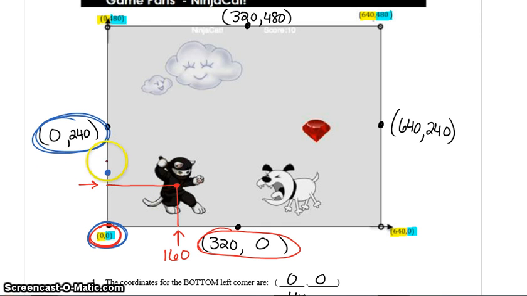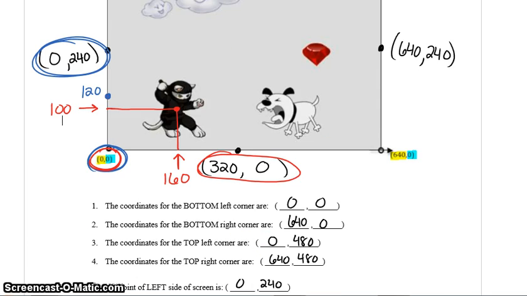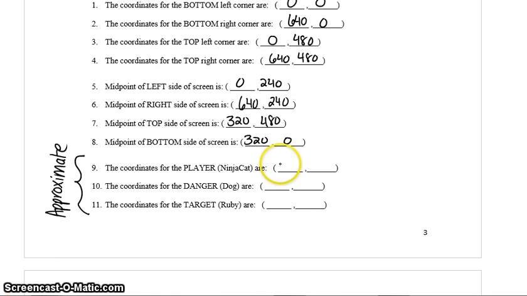I'm going to find that exactly the midpoint here between 0 and 240 is 120. So if Ninja Cat is a little bit below that, I'm going to say that his y coordinate is about 100. So we find that for number 9, the coordinates for Ninja Cat are approximately 160, 100.